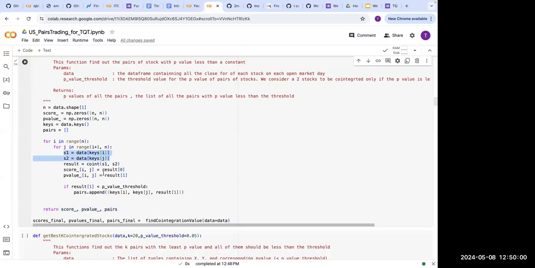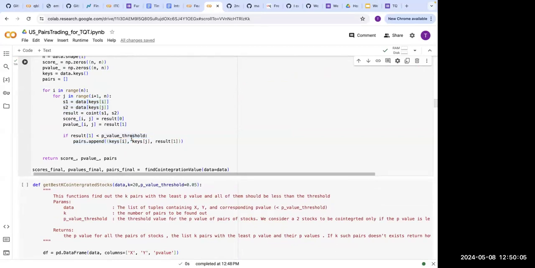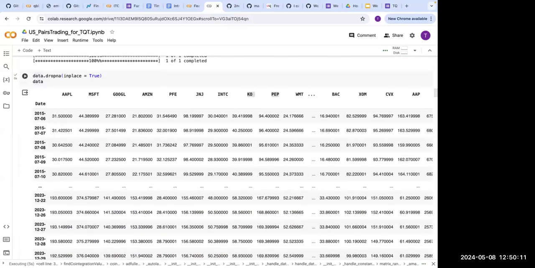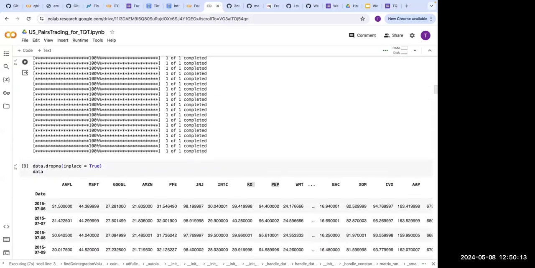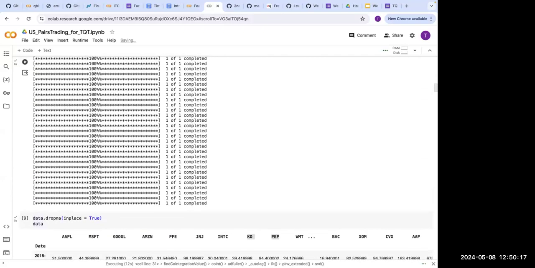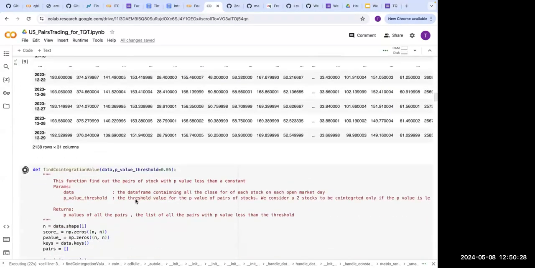So S1 and S2 were the pairs. This function is used when running for all the stocks here. So basically you will have NC2 pair comparisons here. Apple would be compared with Microsoft, Google, Amazon, and so on, all of them. Then we'll find if it's matching with any other stock.